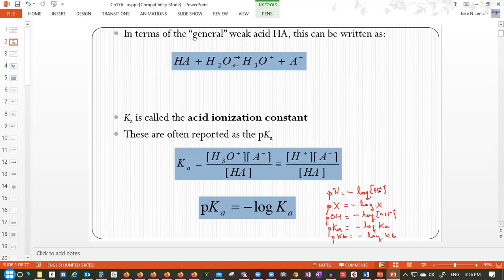Remember, for example, if we have concentration of H plus equals 1.0 times 10 to the negative 7, which is 0.0000001. Very small number.